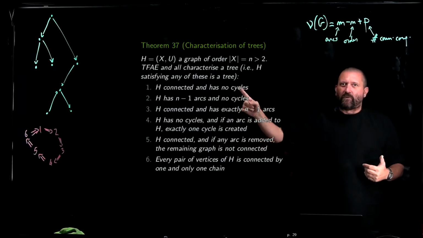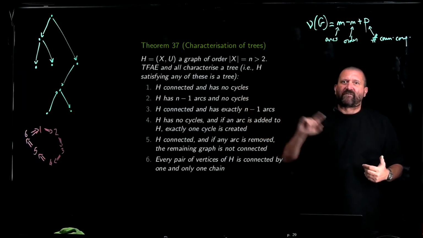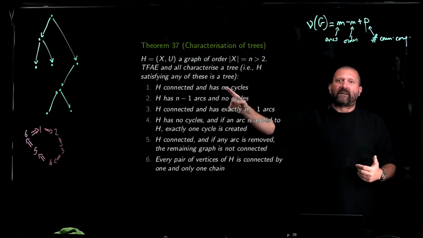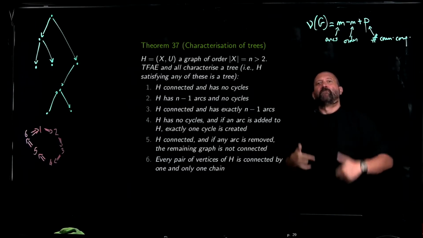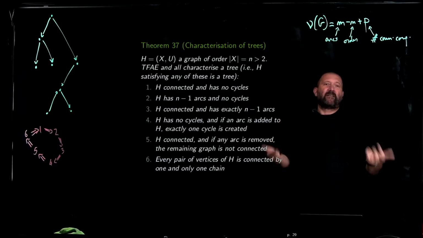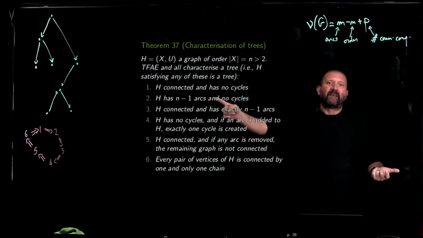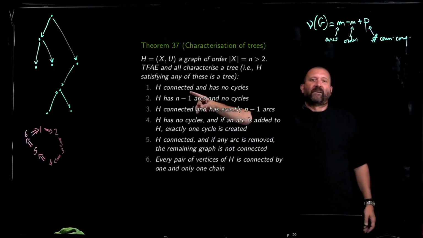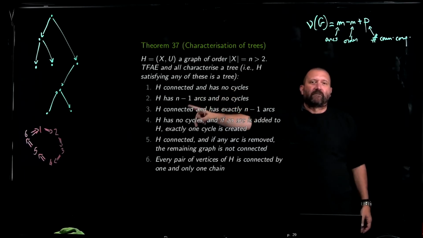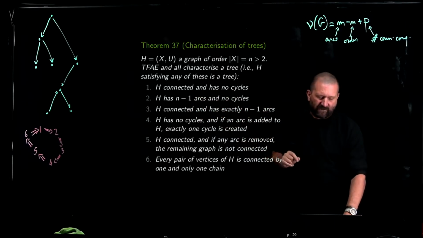So we want to show that 1 implies 2. So H is connected and has no cycle implies that H has n minus 1 arcs and no cycles. Of course, if I assume that H is connected and has no cycles, then H has no cycles. So what I want to show is that if H is connected and has no cycle, this means it has n minus 1 arcs.